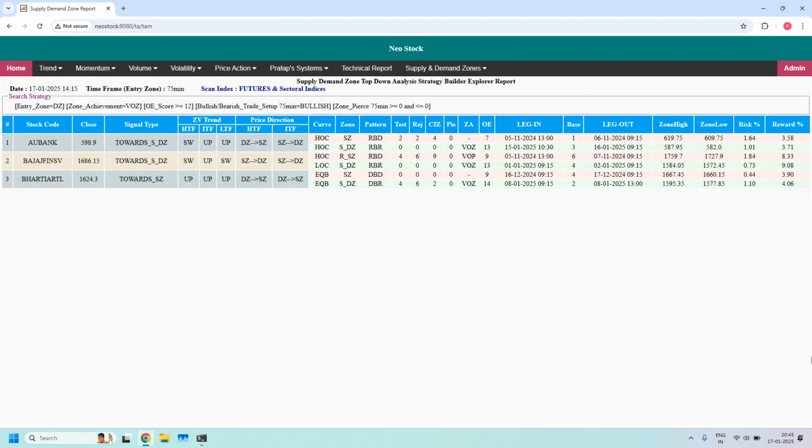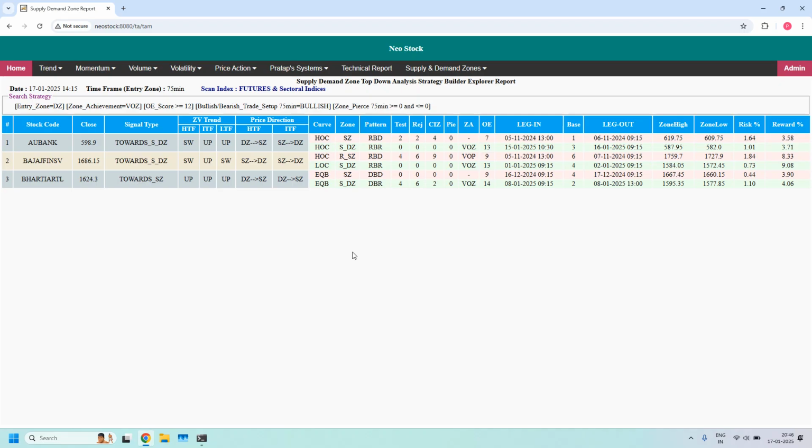Let's verify. We got 3 stocks. In all the 3 stocks, these 75 minutes demand zones are supporting the bullish trade setup for weekly income trade. And moreover, all the 3 75 minutes demand zones are high liquidity zones.